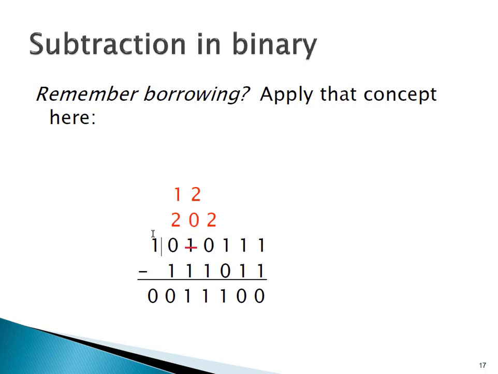So we borrow from this 1. It becomes 2 units on this side. And then we borrow again from the 2 units on this side, so we have 1 left over on this column. It gives us 2 units on this column, and we can say 2 minus 1 is 1, and 1 minus 1 is 0.